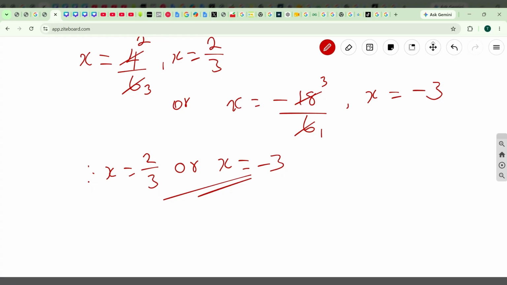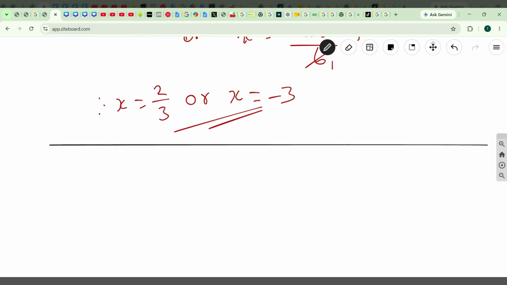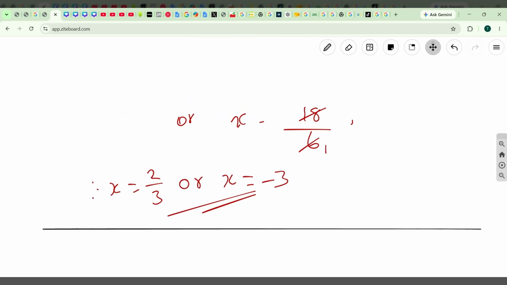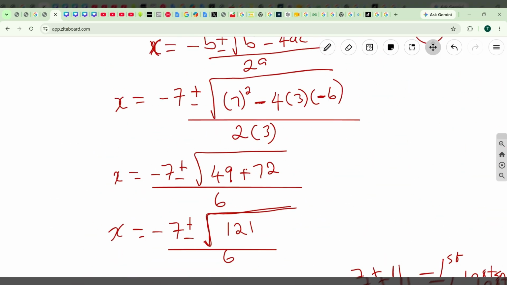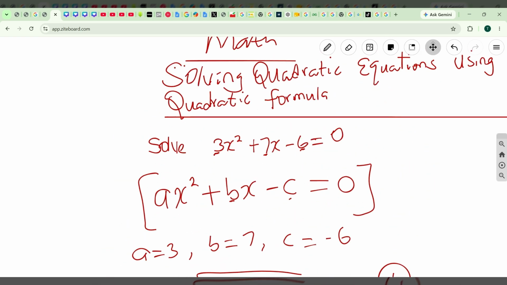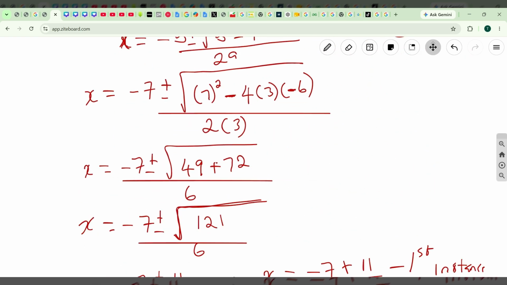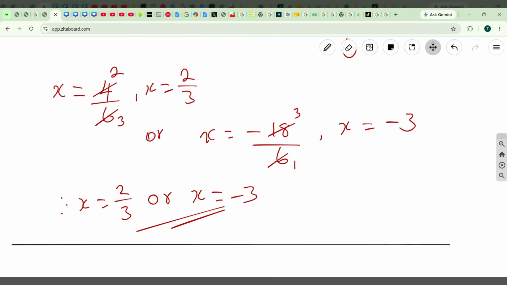Let's look at a second example on the board. If we have a second example, still using the quadratic formula, let's solve this question on the board.